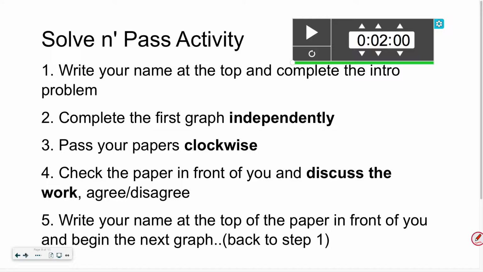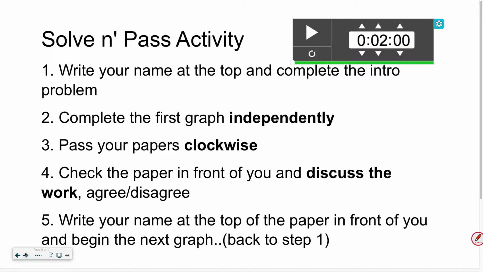Now, not by looking at the graph, just what you think. You just want to predict. And then after that, you're gonna take the first graph and do that independently. By yourself, you're gonna find the unit rate and what it means in the scenario, and we'll give you about 2 minutes to do that.